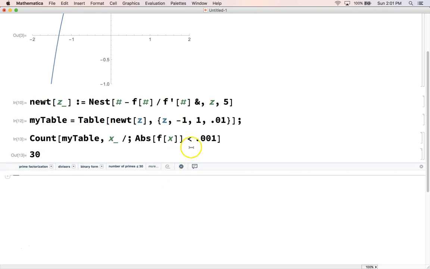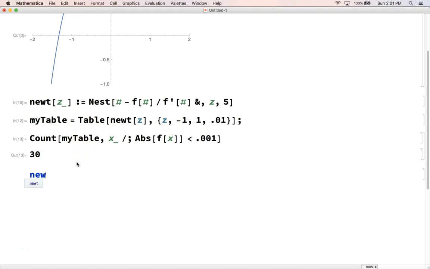How about how many of them am I really off? Well, let's see what's the maximum value that I get. So let's make, how about something called newtable? And let's go through my table and just look at absolute value of f of z, for z inside of my table.